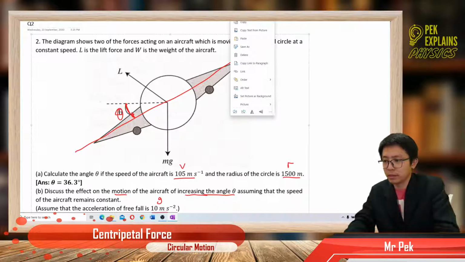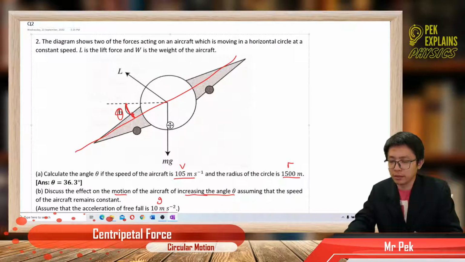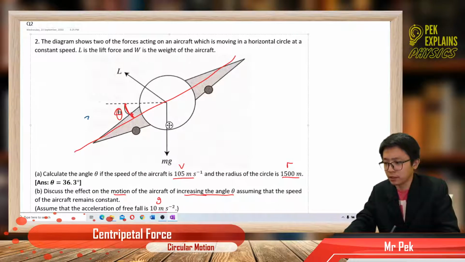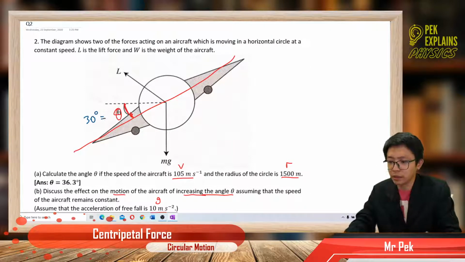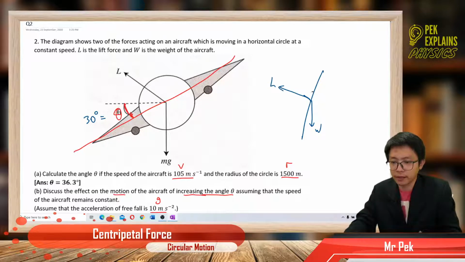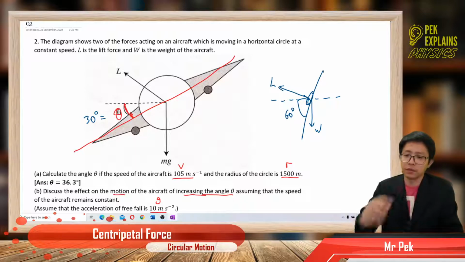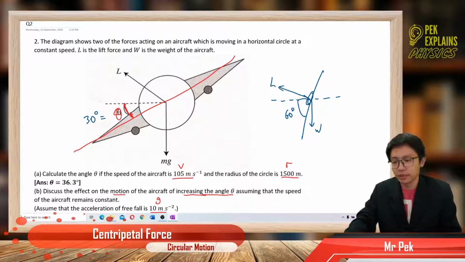Maybe the aircraft now, instead of just 30 degrees, has increased to this way. Wow, it's turning more. The lifting force is much steeper. This is the aircraft. Now he's making almost 60 degrees instead of 30. Tilt more, so he can turn faster.